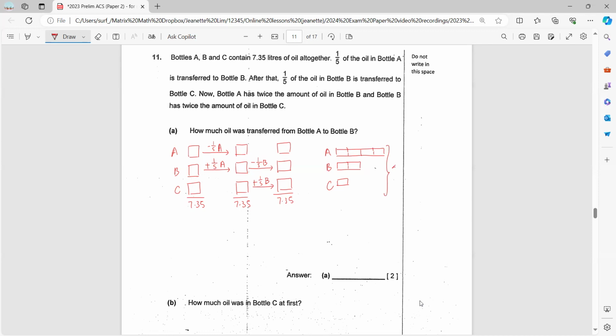And the total here is 7.35. 1, 2, 3, 4, 5, 6, 7. 7 units. 7.35. One unit is 1.05.